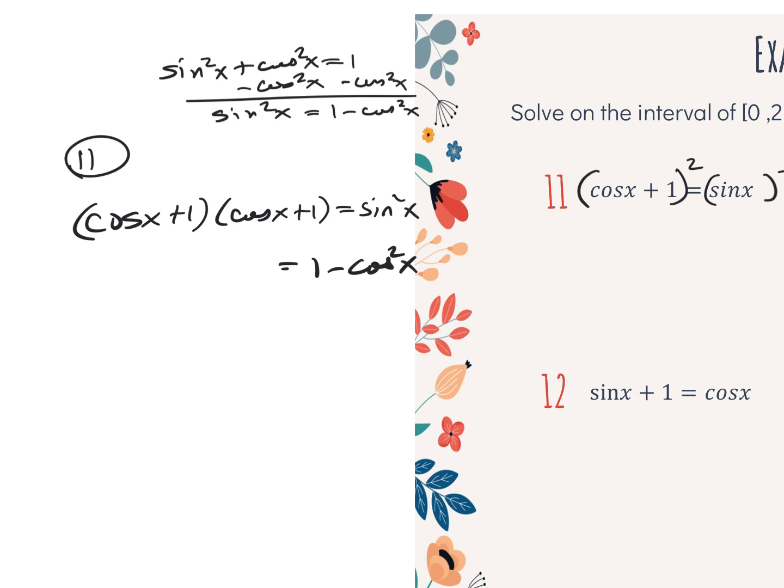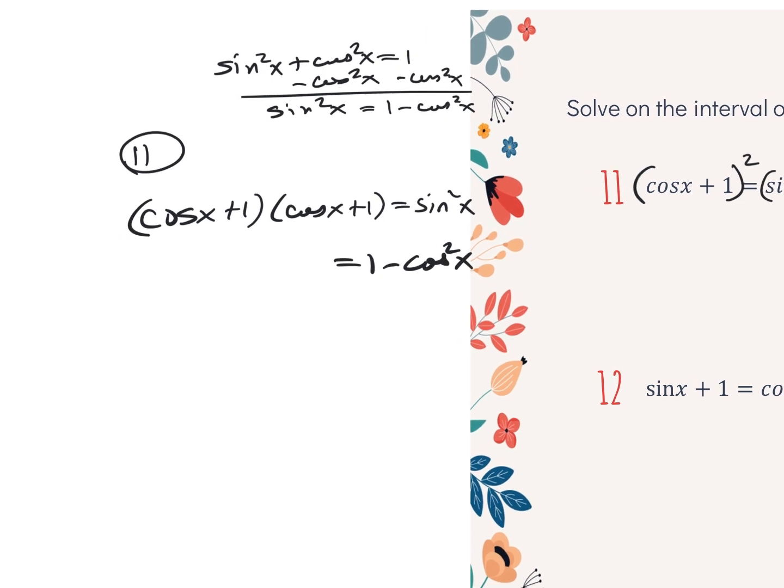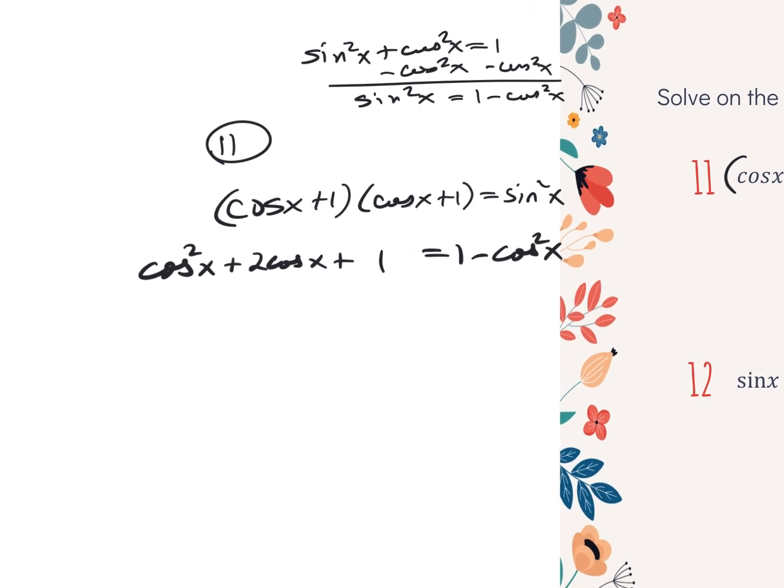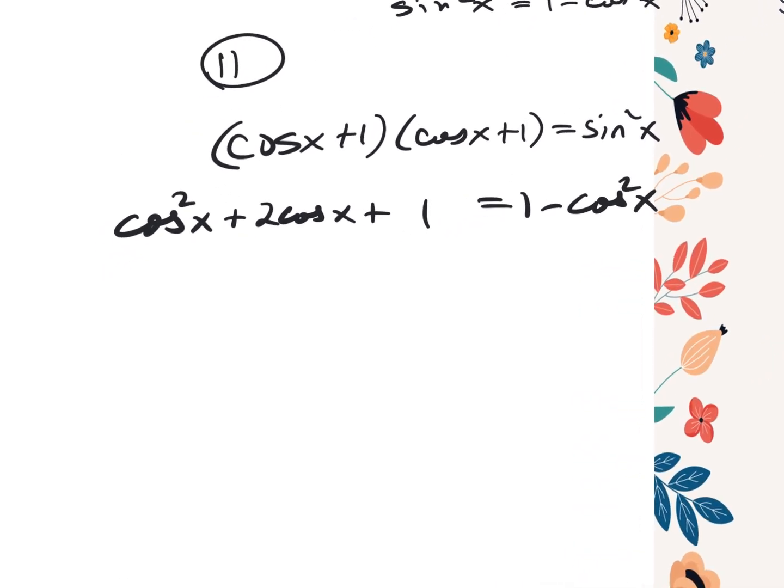The left side, I got to FOIL it. Once I FOIL that, the trinomial that results is cosine squared x plus 2 cosine x plus 1. I now need to work on getting my like terms together. So I'm going to subtract 1. Notice it cancels on both sides.